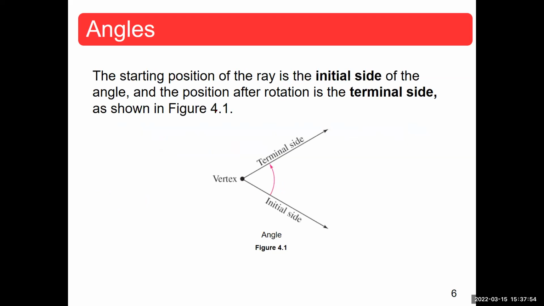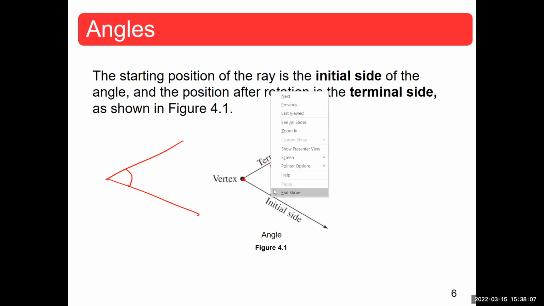If you have two lines that intersect and they have an angle between them, they call this one the vertex. And here we always have a start and a stop: the initial side and the terminal side.